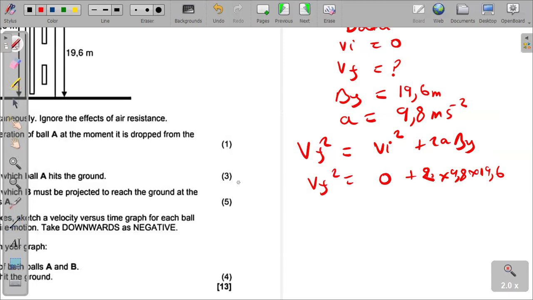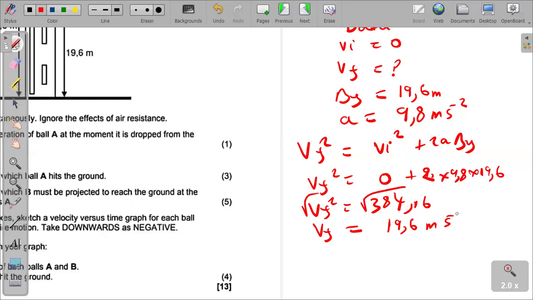So we take the square root of both sides, which means VF is equal to 19.6 meters per second.